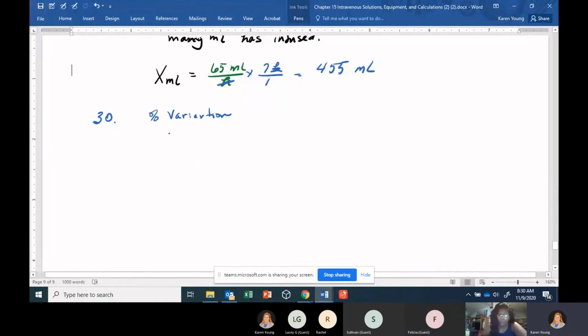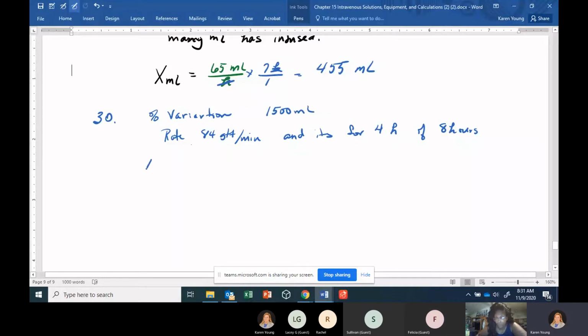So if I have a rate of 84 drops per minute, and it's ran for 4 hours of the 8 hours total, so it's ran half the time. And let's say I'm infusing 1,500 milliliters, and I'm making this up.